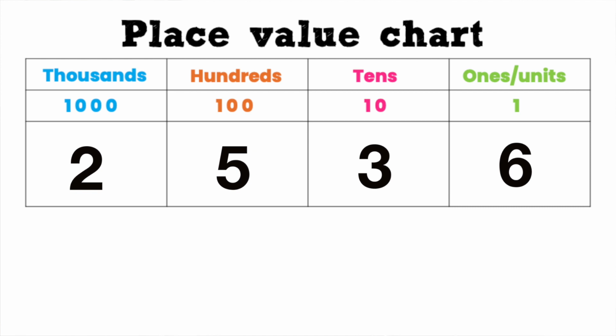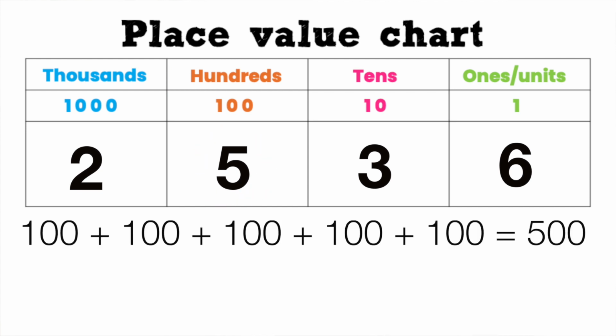Now let's move on to the next digit. The next digit is the digit 5. Now 5, as we can see on the place value chart, falls in the hundreds place. Okay? And that means that we've got 5 groups of 100. So it's 100 plus 100 plus 100 plus 100 plus 100. And that will give us 500.